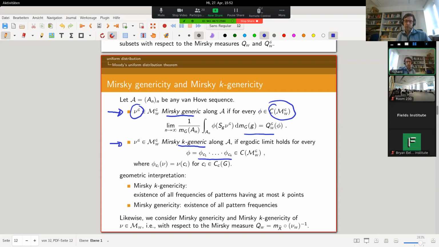And the geometric interpretation, of course, is that Mirsky K genericity is existence of all pattern frequencies which have at most K points. And Mirsky genericity then, by the usual Stone-Weierstrass argument, can be seen as equivalent to existence of all pattern frequencies. And this we not only do for the Mirsky measure on G, but likewise for the Mirsky measure on G times H. So these are the notions we will be using.